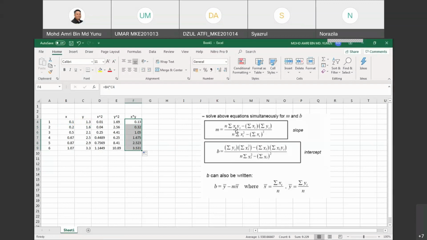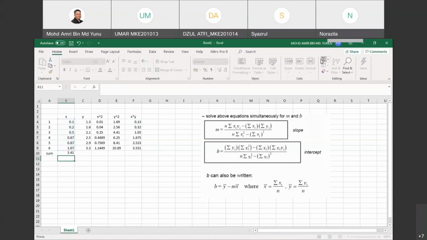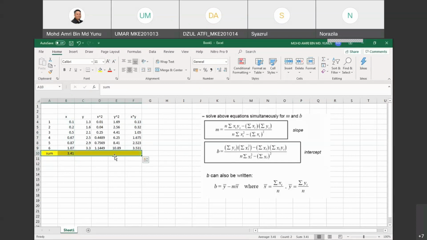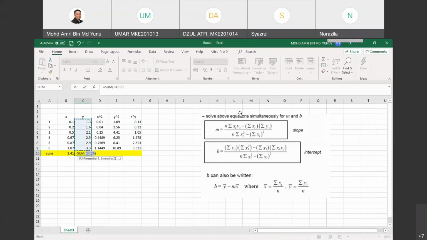So we need to find the sum values. This is the sum value, and this is the sum value, and this is the sum value.